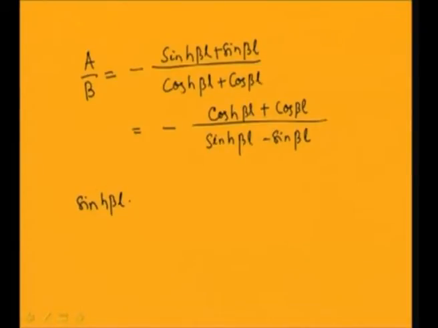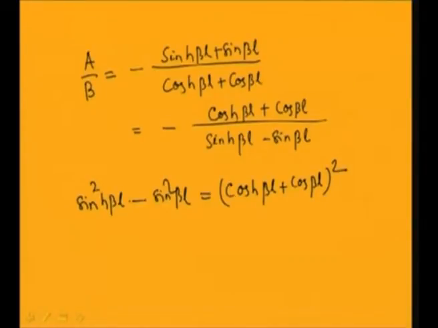So the product of these two gives sinh square beta L minus sin square beta L equal to cosh beta L plus cos beta L, whole square.